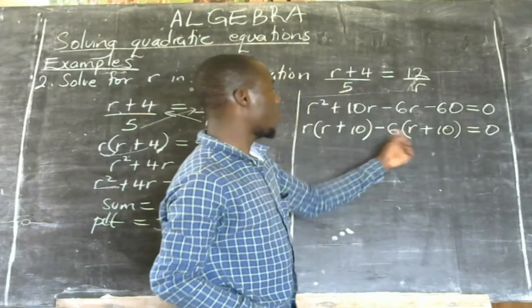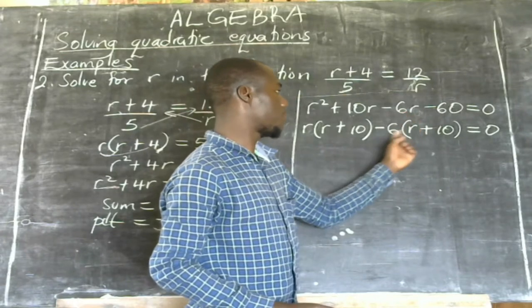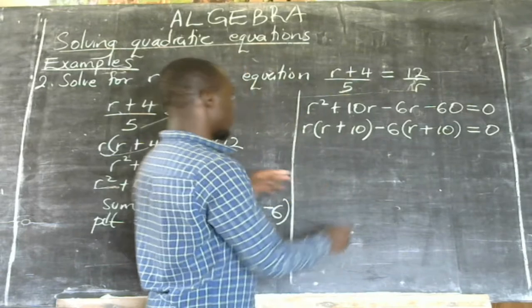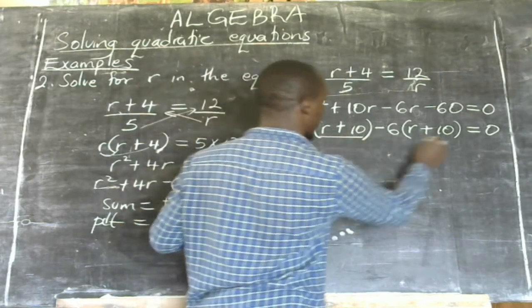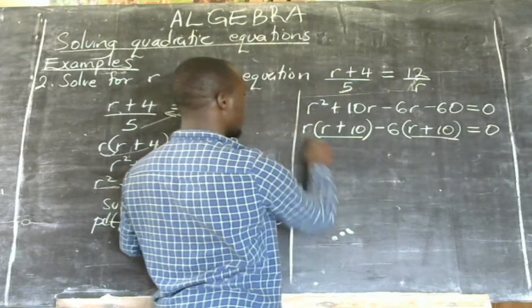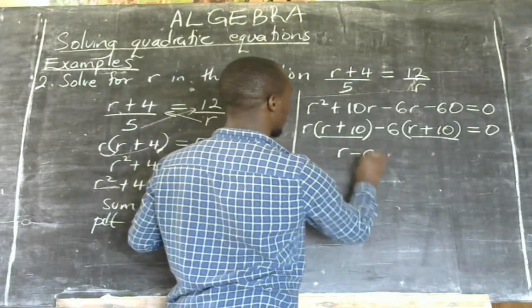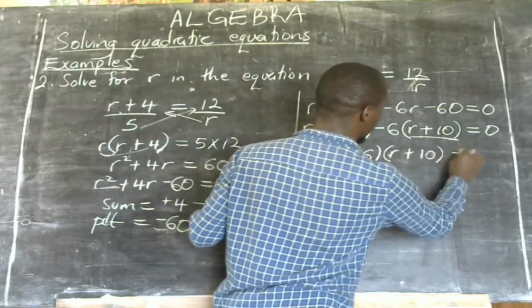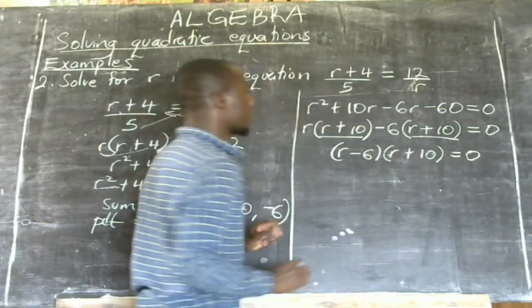When you try to reopen, this takes you back to the previous step there. So factorizing further, because that and that are the same. When I pull it away, here I'll be left with r, there I'll be left with negative 6 into the r plus 10 to be equal to 0.